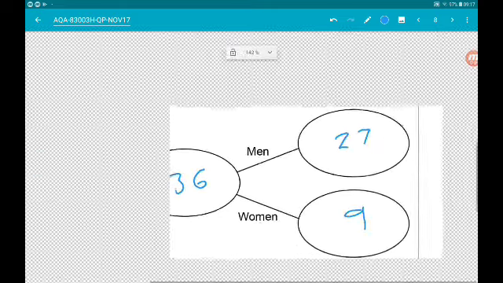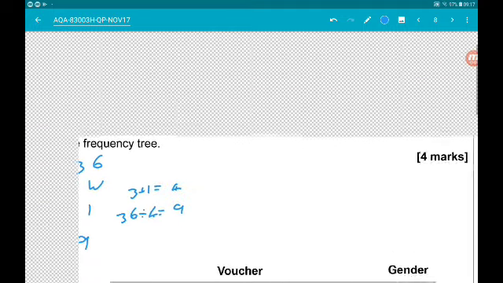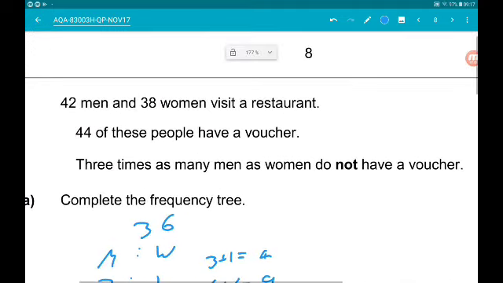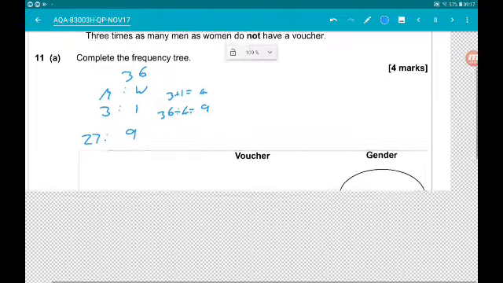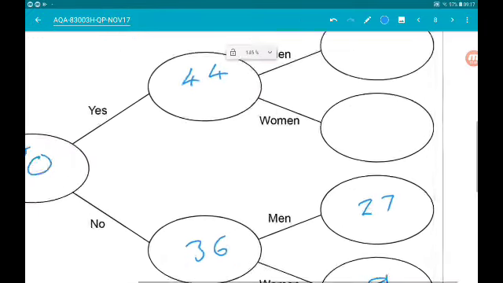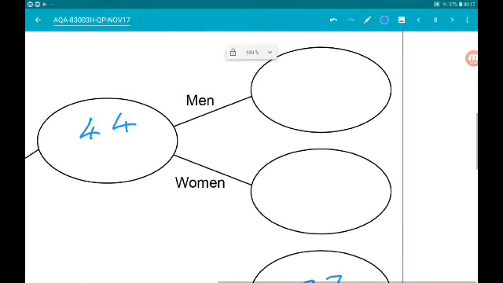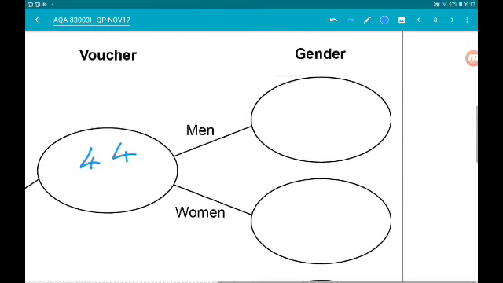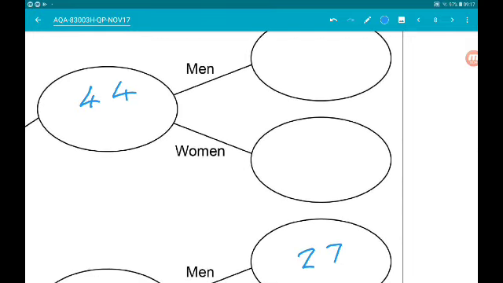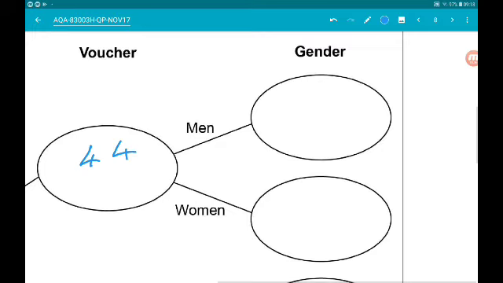Okay, so now then, we know there are 42 men in total, so that means there are going to be 42 minus 27 men that do have a voucher. So that is 42 minus 27 is 15.